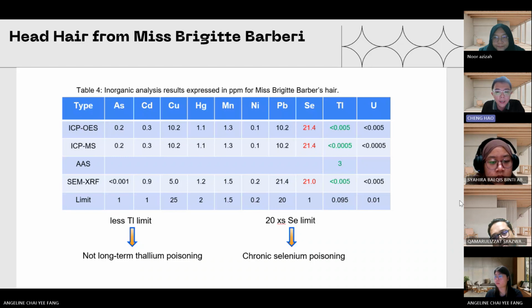However, selenium concentrations in her hair samples were 20 times higher than limit. This can cause chronic selenium poisoning, but it is not the main reason. She is probably suffering from dandruff and has taken special medicine or is using shampoo containing selenium.